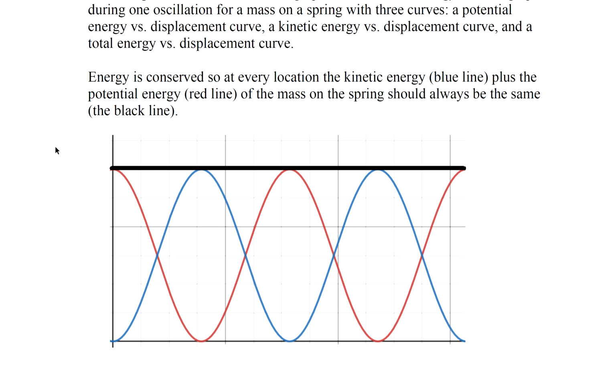In the very beginning, potential energy, which is 1/2 k delta x squared, is going to be positive because you're releasing it at x equals A, being the amplitude or the displacement. So black line total energy, red line potential energy, blue line kinetic energy.